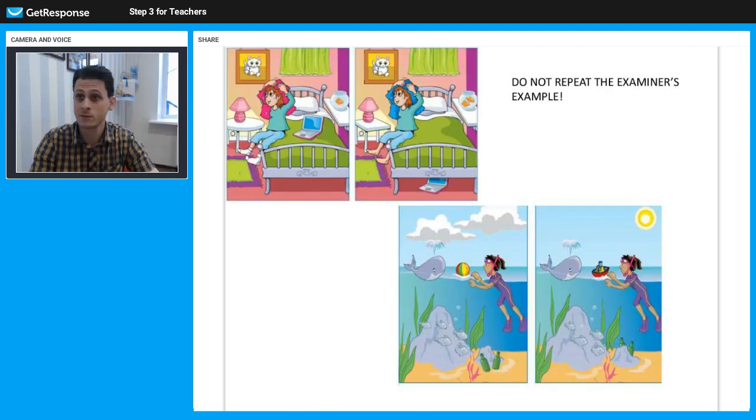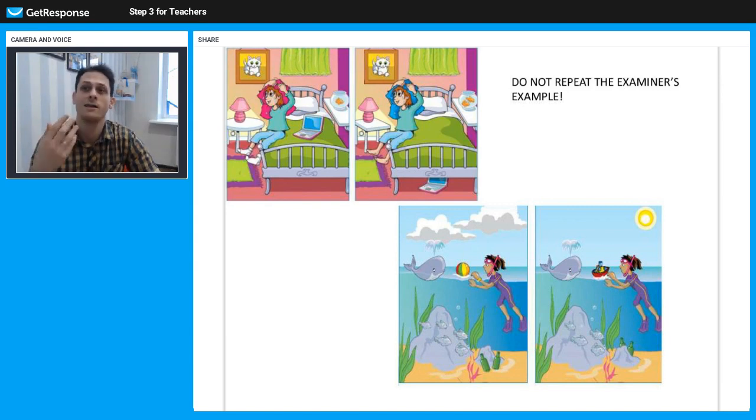So let's take a look at some samples. In the first one, the girl in the bed, the second one, the diver, regardless of what's in the picture, the examiner will always give an example. So for example, in the first picture, the girl is drying her hair with a pink towel, but in the second picture, the towel is blue.